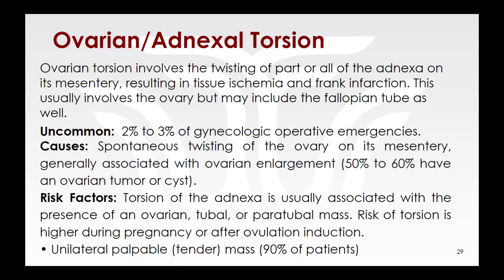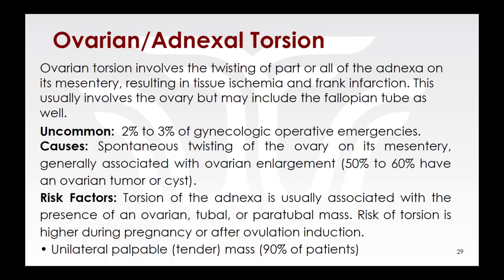This patient needs surgery immediately to resolve that. Sometimes they can untwist the torsion, and put a small stitch there to maintain it, remove the cyst, or empty the cyst.